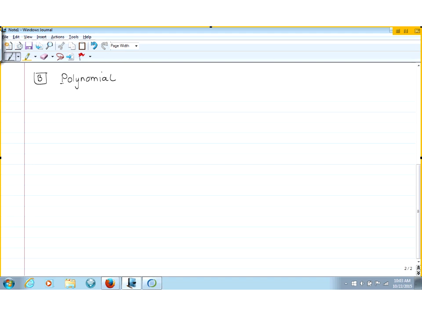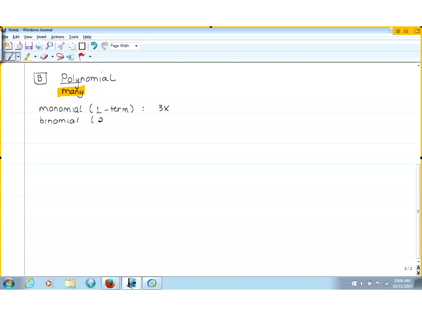So poly, this root, means many, more than one. Yeah. But it also includes monomial. So what does monomial mean? What does it mean? One term. A polynomial with one term. So give me an example of a polynomial with one term. 3x or 5 or negative 1.